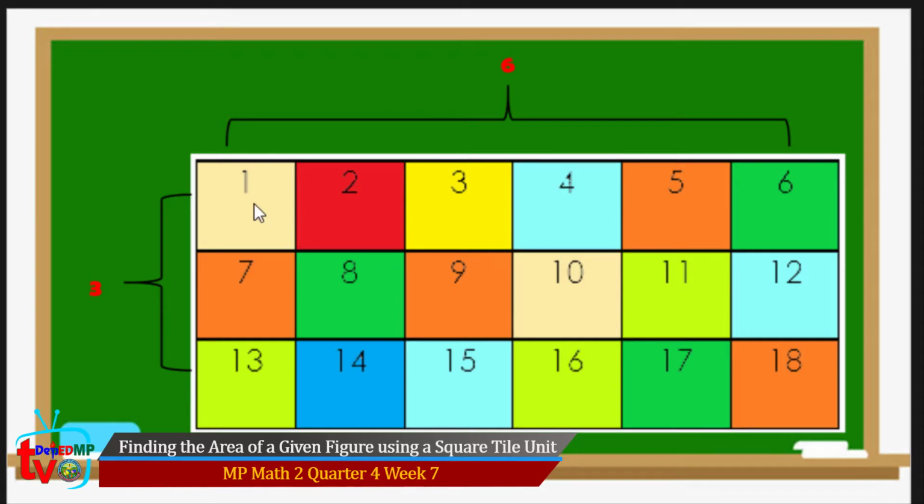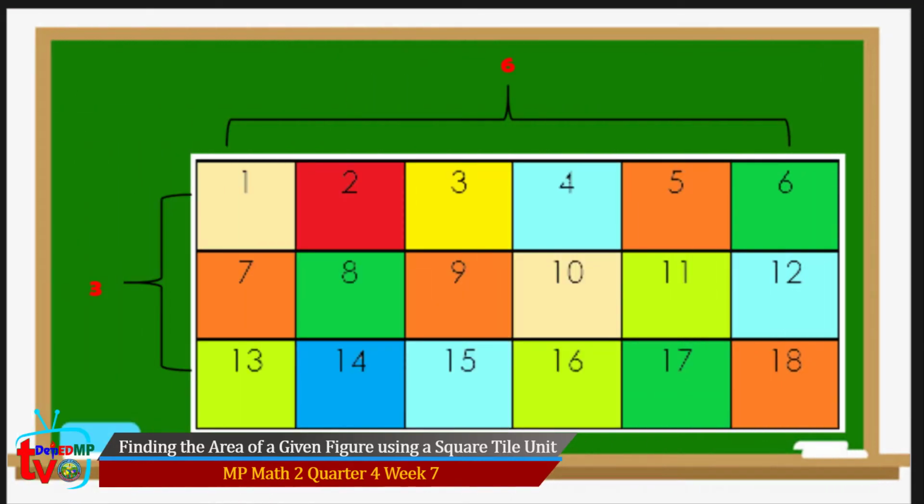Let's check. 1, 2, 3, 4, 5, 6, 7, 8, 9, 10, 11, 12, 13, 14, 15, 16, 17, 18. There are 18 square tiles in the cloth.